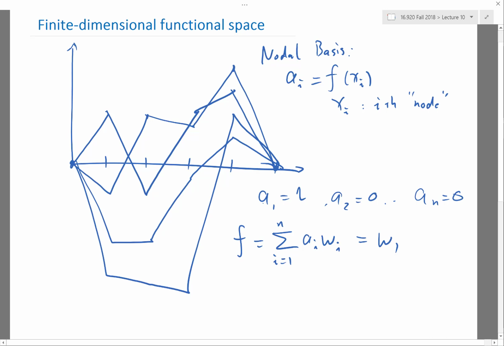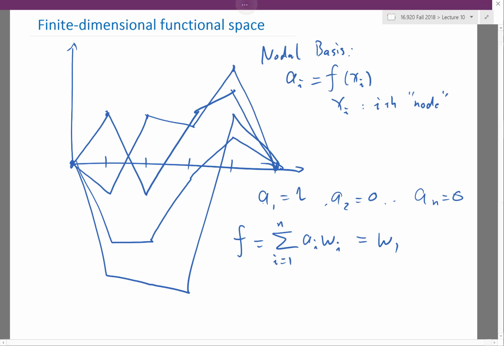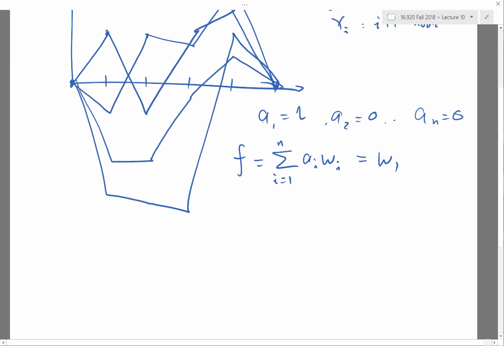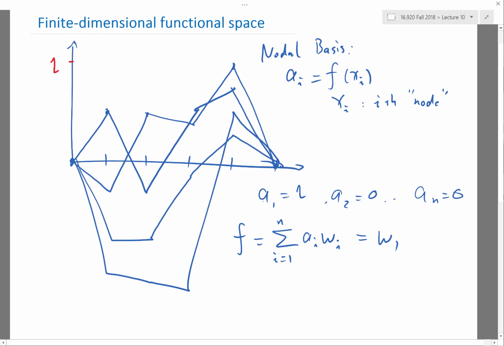Then what is it? So if the value of the function is equal to 1 at the first node, let me actually draw it over here. If it is equal to 0 at all the other nodes, what is the function? It's just a function going up and down to 0, right? So that's going to be my W1.